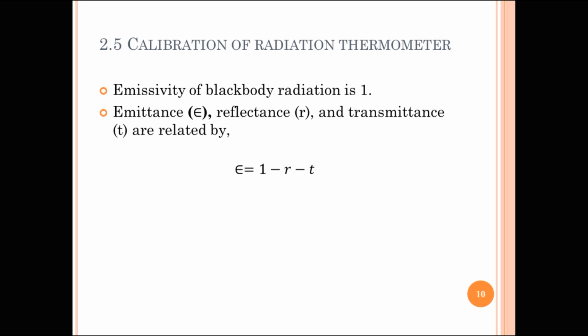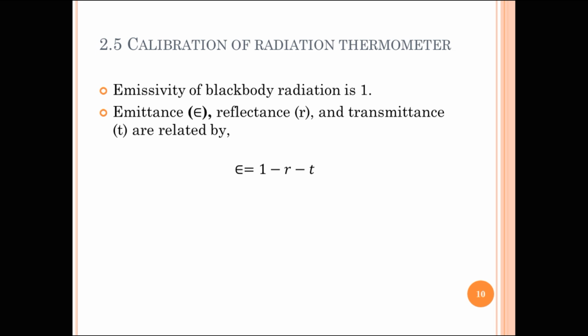It also means that any emittance value that we might apply to correct for non-blackbody conditions must be the appropriate type of emittance for a particular instrument. If a radiation thermometer has been calibrated against a blackbody source, knowledge of the appropriate emittance value allows correction of its readings for non-blackbody measurements.